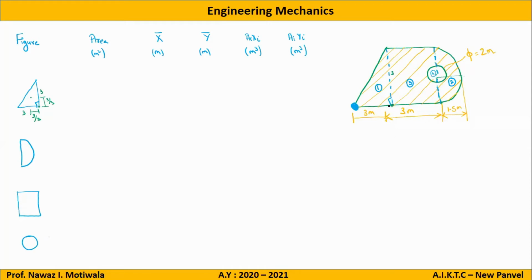It is here. From here to here is how much? 1 meter. And from here to here also it is 1 meter. But I need the distance from our reference point. If from here to here it is 1, from here to here it will be how much? 2.